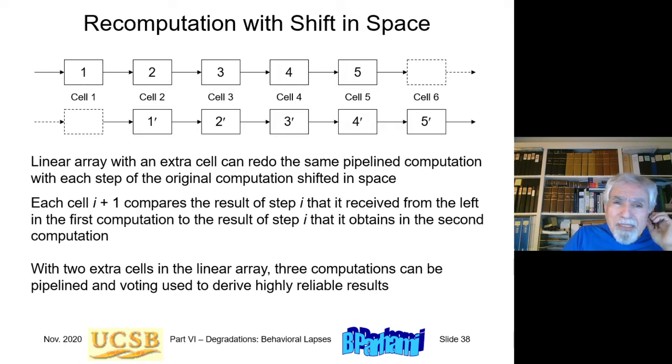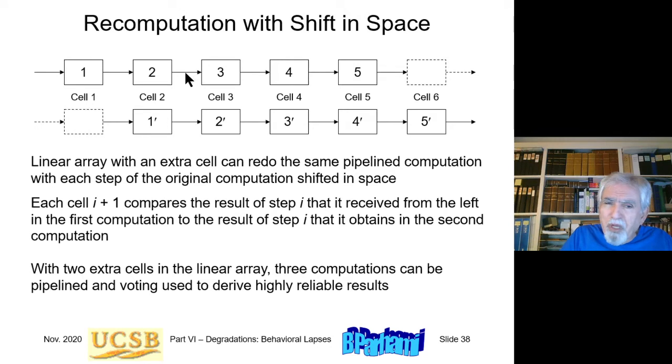Okay, so here is a very simple example of a computation remapping. Suppose there's a computation that has five segments, and is performed on a linear array so that the computation, part one is performed on this cell, part two here.